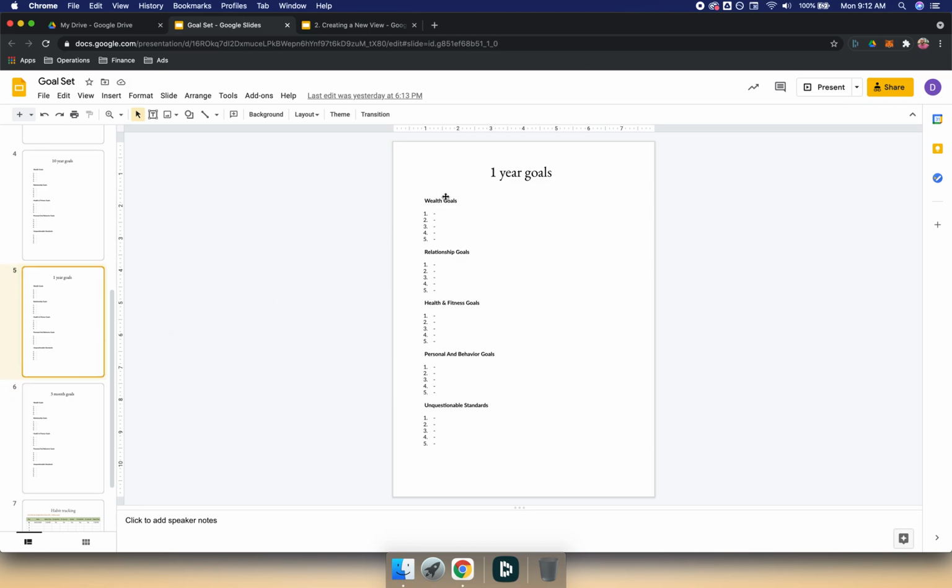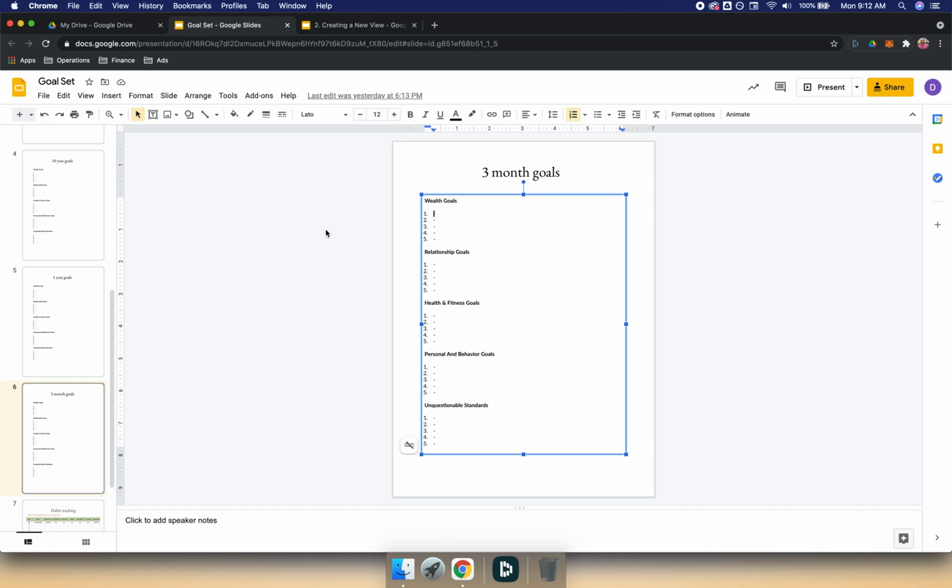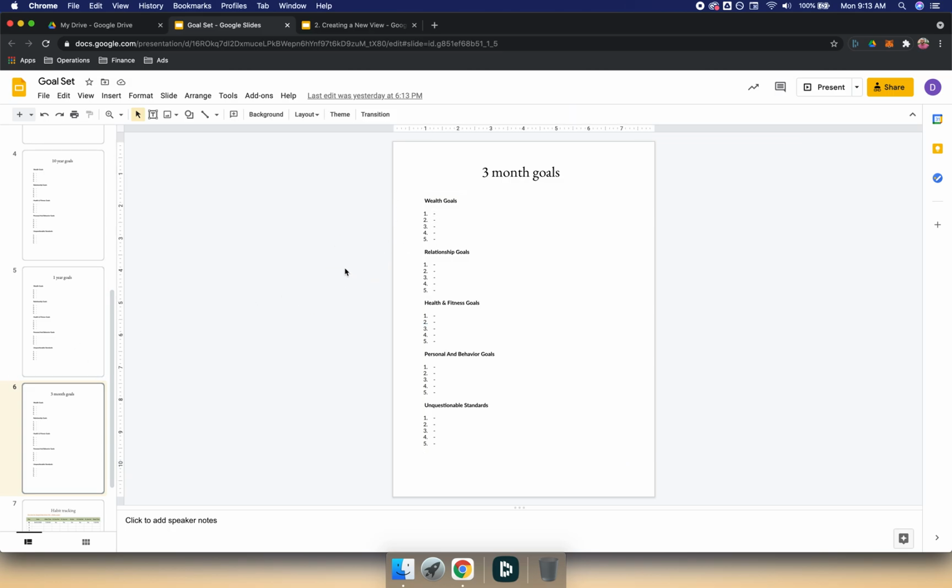So let's go back to our 1-year goal and say we started a business and we want to have a good income and start to support ourselves, right? Well, if we go down to our 3-month goals, we need to go ahead and write, okay, make sure we build a great product. Make sure we have our systems up correctly. These could be your 3-month goals. So it's really just a breakdown of what that 1 year is.